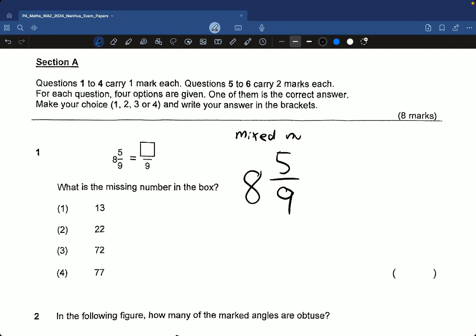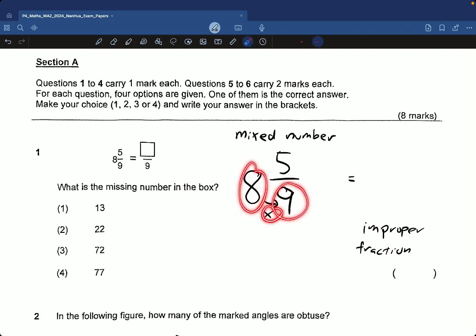If we were to convert a mixed number to an improper fraction, what do we need to do? There are two steps. The first step is to multiply the whole number by the denominator. So what is 8 times 9? 8 times 9 is equal to 72.